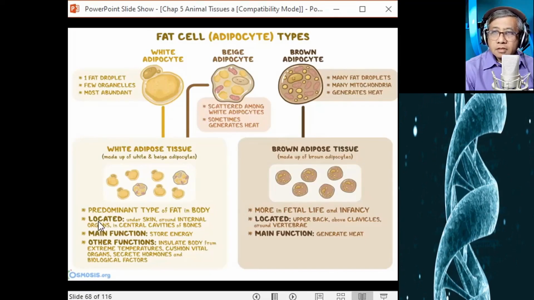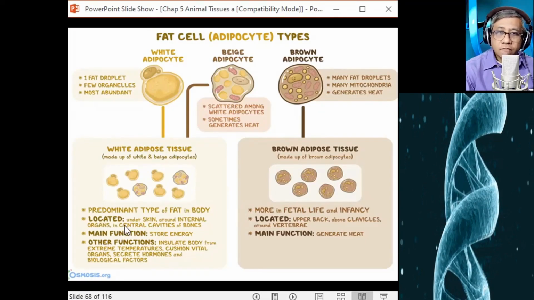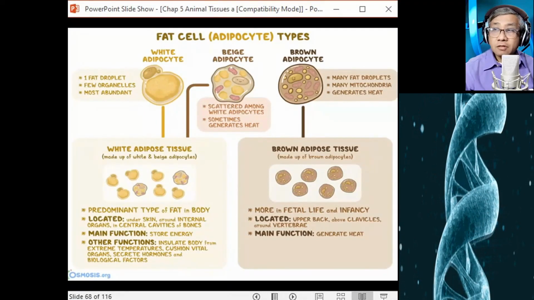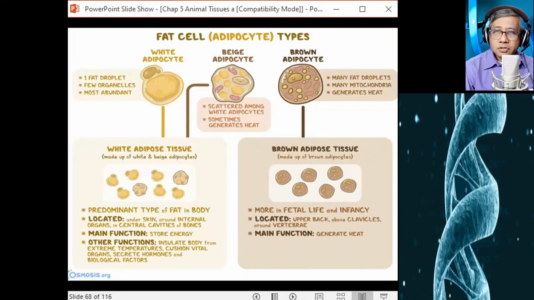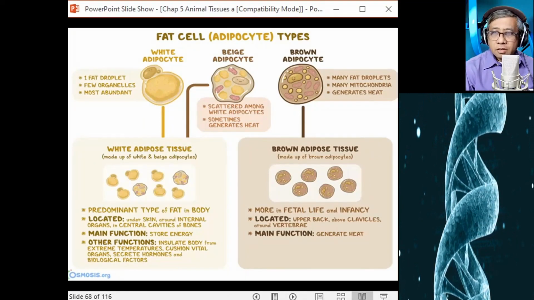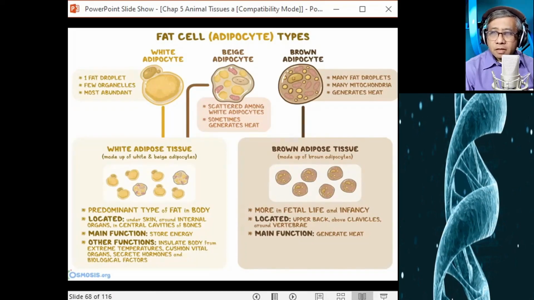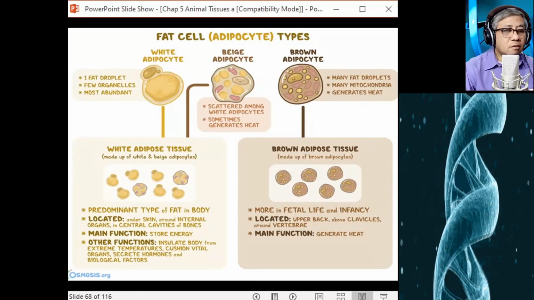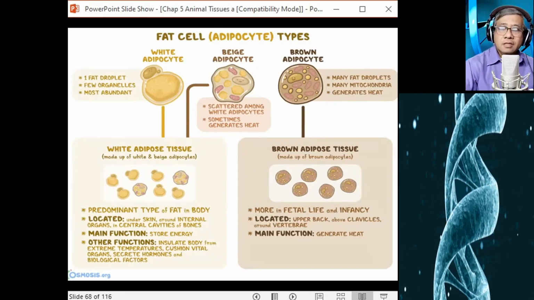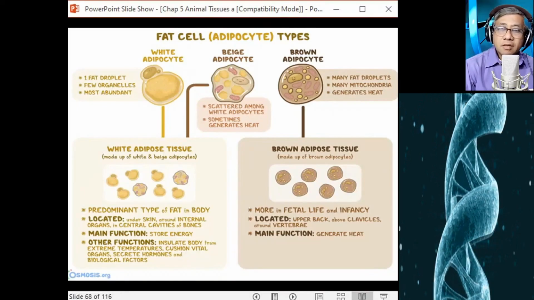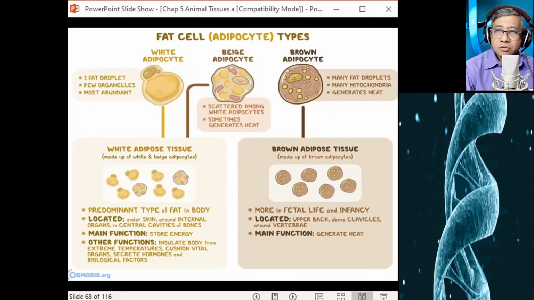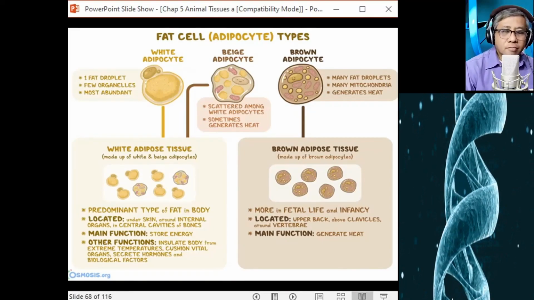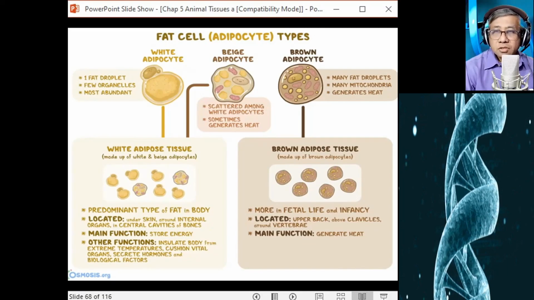As for location, you can find white adipose tissue in the skin, in the subcutaneous layer underneath the skin. It is also found around internal organs, in central cavities, and in bones. The bone has yellow bone marrow, which is made up of this type of adipose tissue. The bone has red bone marrow and yellow bone marrow, and the yellow bone marrow is basically white adipose tissue.